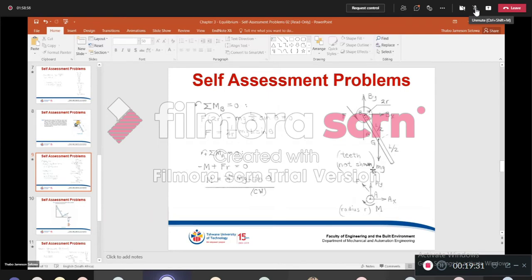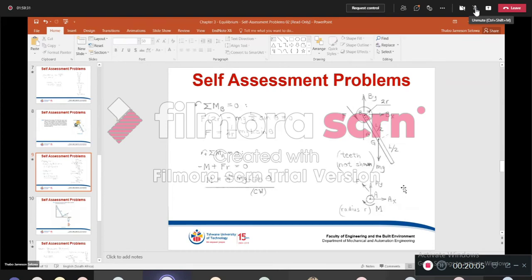And here on the teeth itself, we still have the reaction because it's mounted on something at the top. Then here this will be the force, and then also we'll have the radius of that, which here they are saying will be the 2r. 2r.